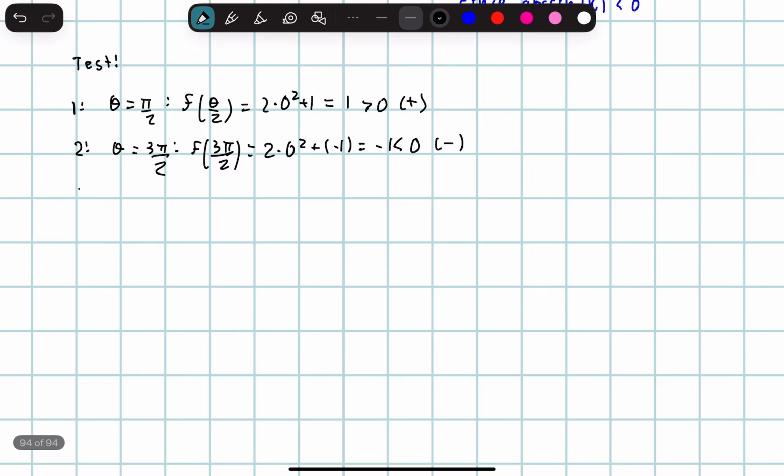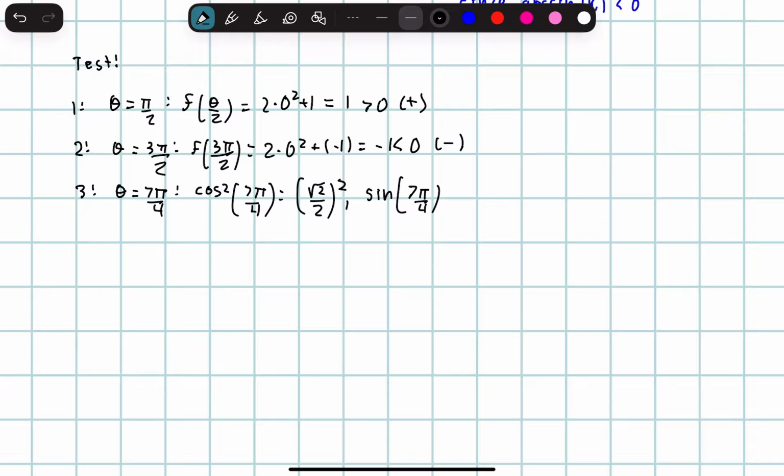And now in the final interval, we can choose theta is equal to 7 pi over 4. So we can just write it as cosine squared 7 pi over 4. That's going to be equal to root 2 over 2 squared. And then we have sine 7 pi over 4, and that's going to equal negative root 2 over 2.